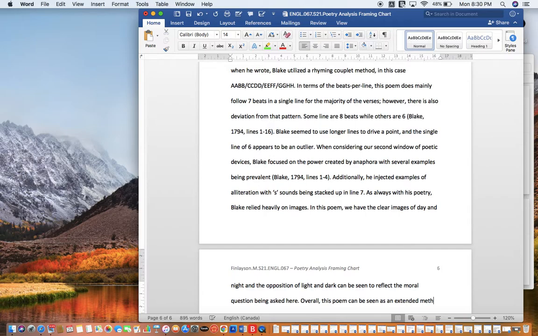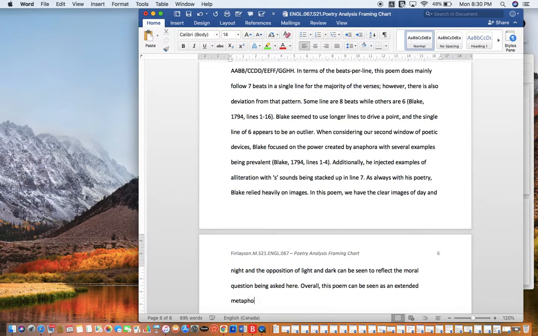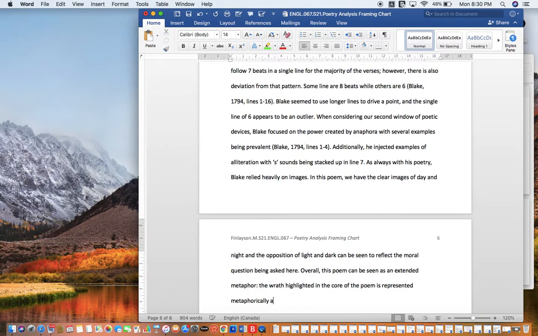So there we've gotten to the big point here. The wrath highlighted in the core of the poem is represented metaphorically as the poison tree.